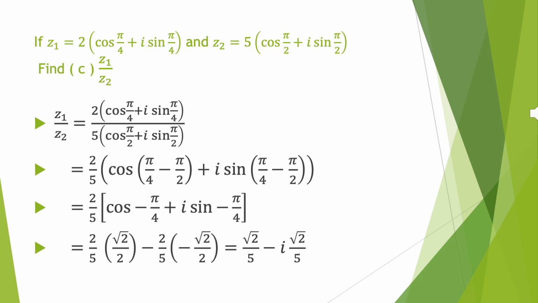So we have 2 over 5 cis negative pi over 4. Then using the calculator to get the values of cos negative pi over 4 and sine negative pi over 4, finally we have root 2 over 5 minus i root 2 over 5.